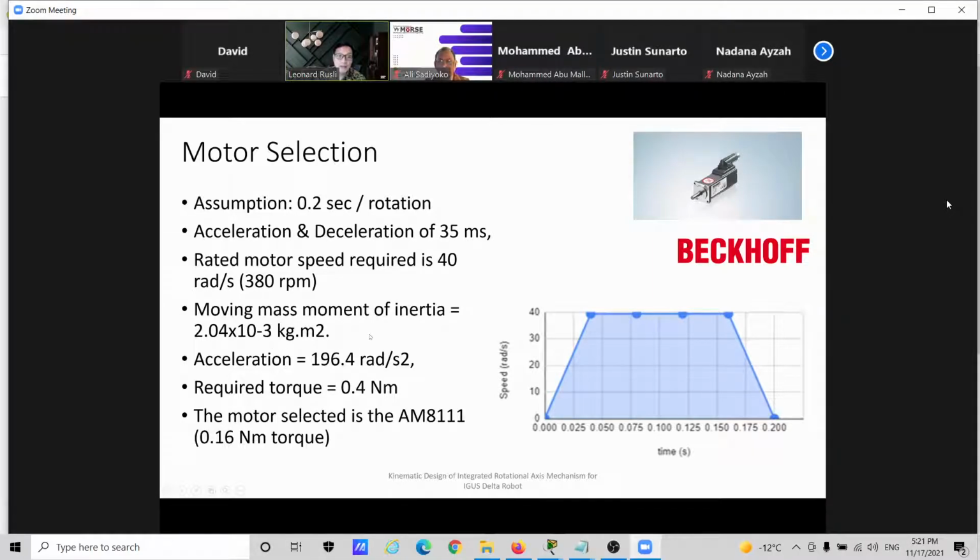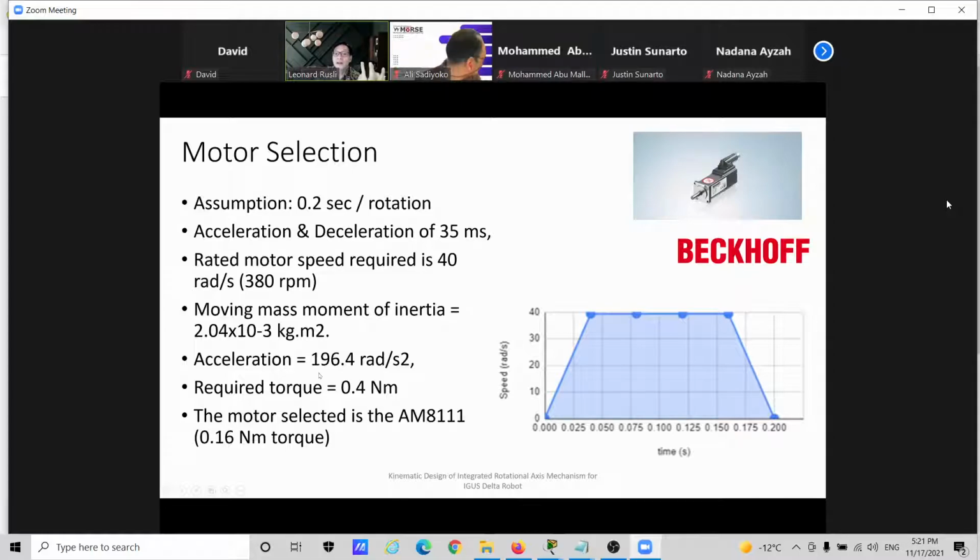Taking into account the moving mass, using our solid modeling software, we can calculate the mass moment of inertia. It comes down to 2 times 10 to the minus 3 kilogram meter squared. The acceleration is 196.4 radians per second squared.